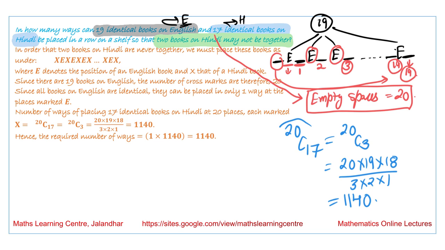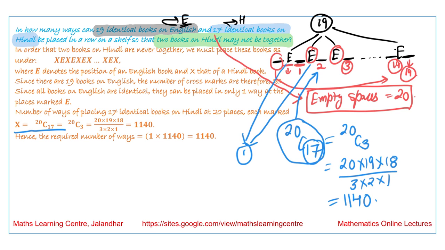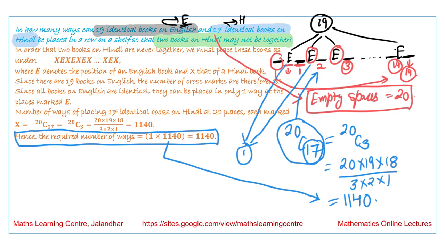So these are the number of ways in which the Hindi books can be placed in these empty spaces. There is only one way to arrange the English books. So the total number of ways is 1 into 1140, and the final answer we obtain in this case is 1140.